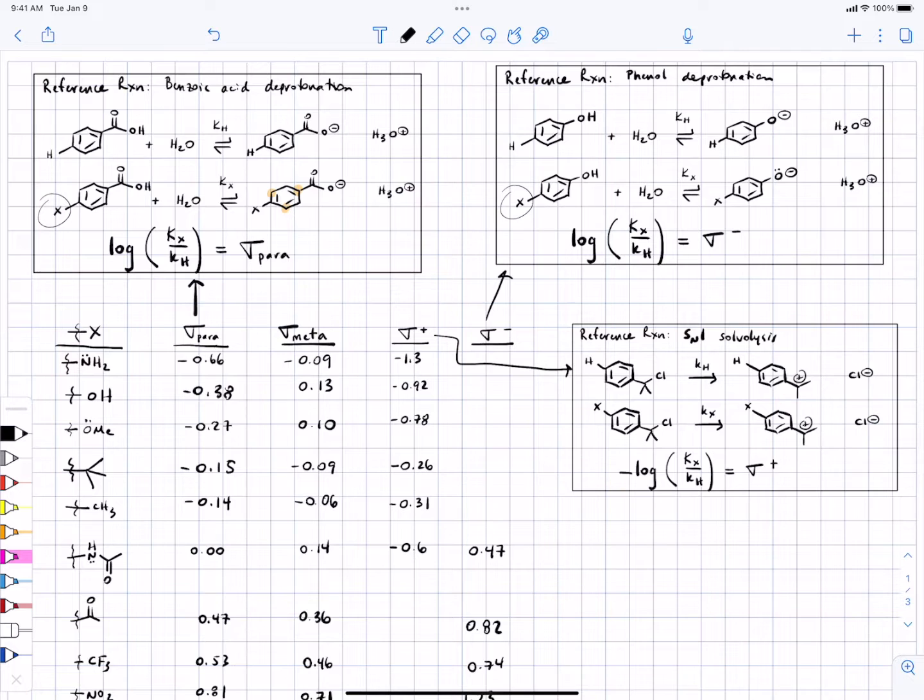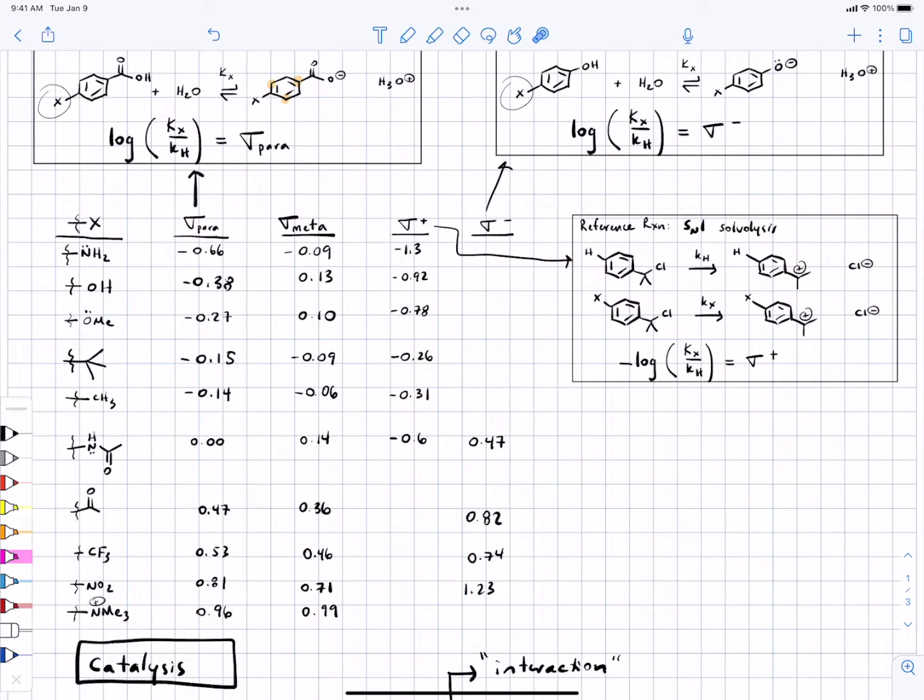All right, so once you parse out the resonance effects from the electronegativity effects, that's where you see nitrogen is a really good donor, whereas the oxygens are less so because they're more electronegative.